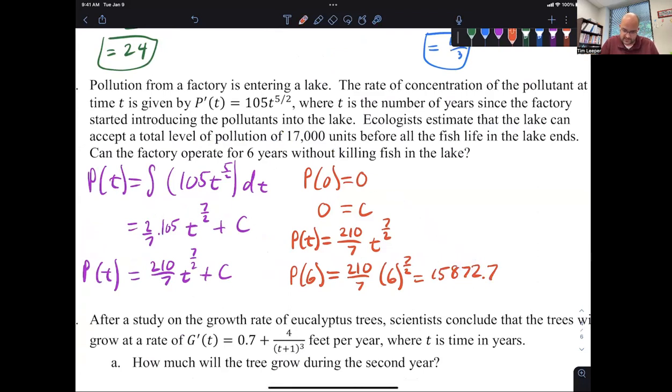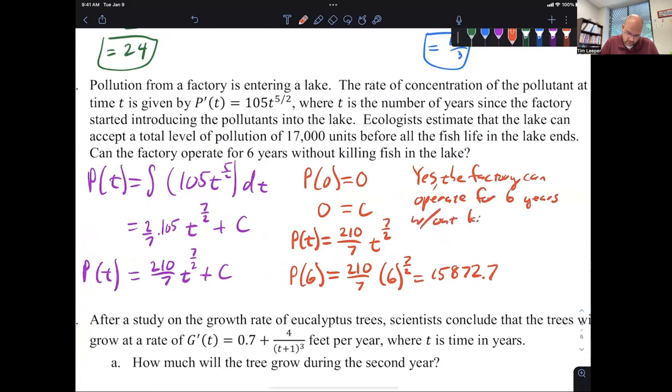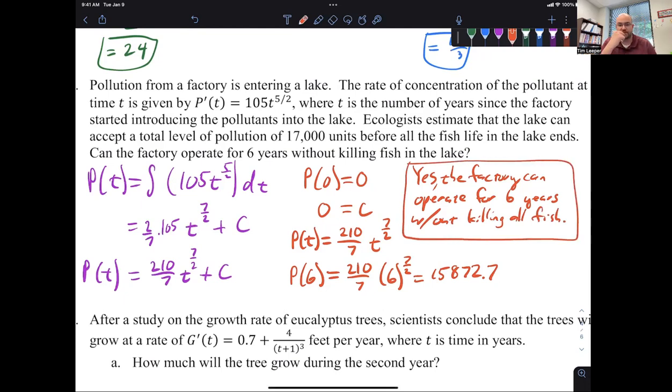So that means that, yes, the factory can operate for 6 years without killing all the fish. And there we go.